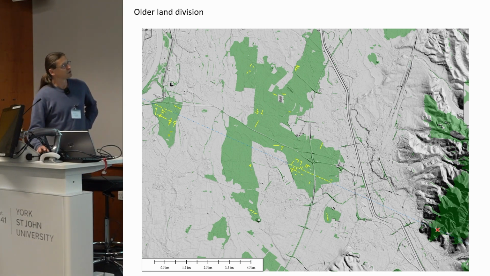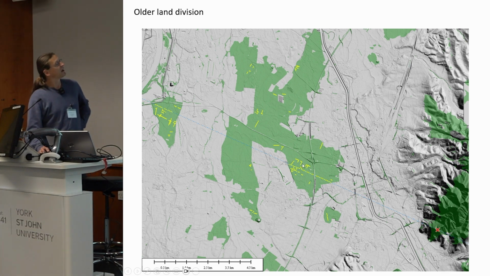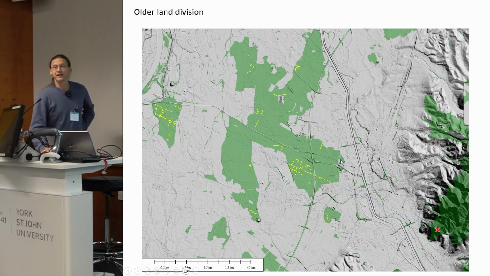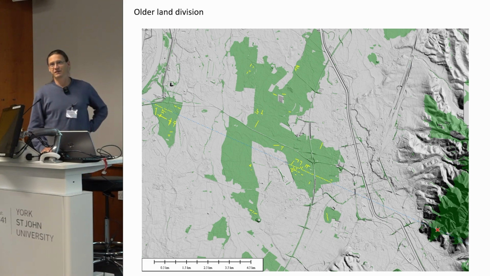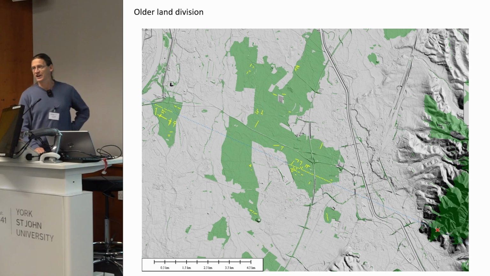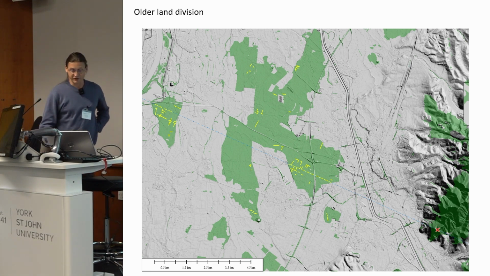And to give you an idea of how straight this line is, which is over 10 kilometers long, the maximum deviation from the perfectly straight line is 8 meters, which, if you think about it, the lines are about 20 meters wide.